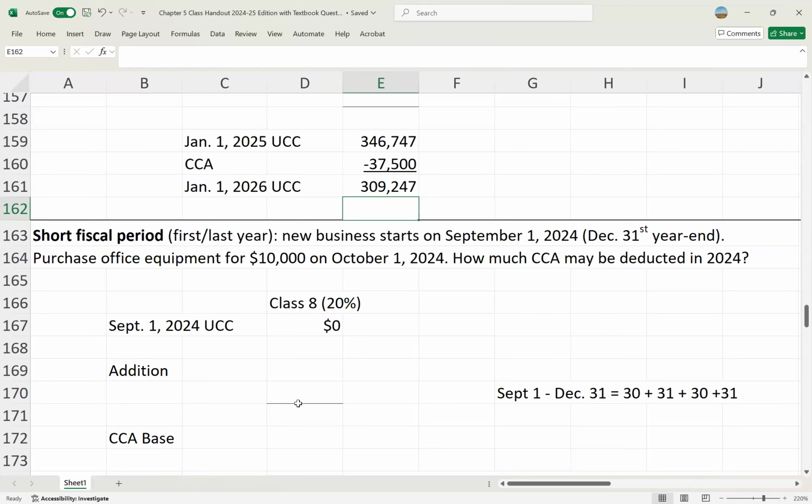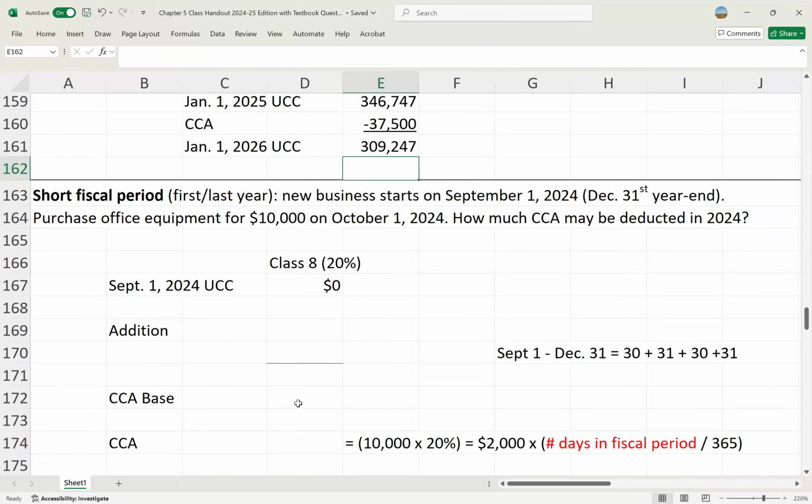On October the 1st, they bought some new equipment for $10,000. And then we've got to figure out how much CCA can they deduct for 2024. So that new equipment is going to go into class 8, 20%. And once again, the brand new business, so there's nothing in class 8 to start the year with. We're going to add the 10,000.